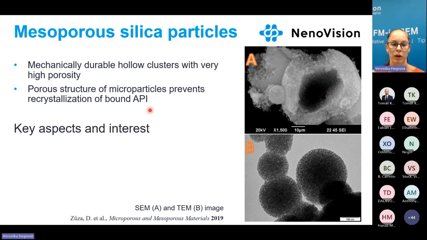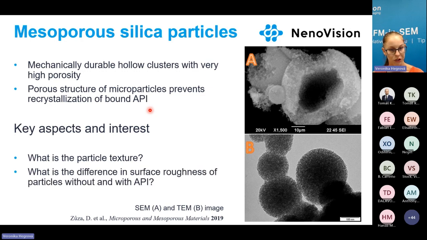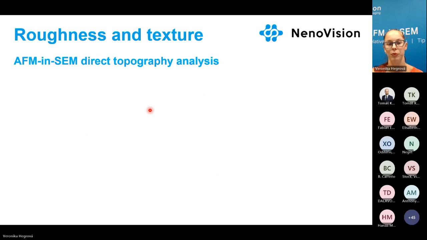The key aspects of interest which we had were: what is the particle texture, and what is the difference in the surface roughness of particles with API and without the active ingredient? So we can compare it afterwards.